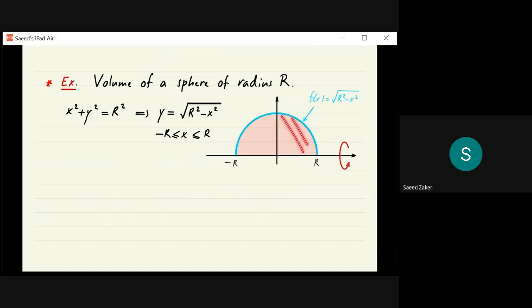I take the region underneath between the graph of f and the x-axis. I revolve it around the x-axis. I get the solid sphere of radius r. As such, the volume as a solid of revolution should be given by the formula, pi integral from negative r to plus r of f of x squared.